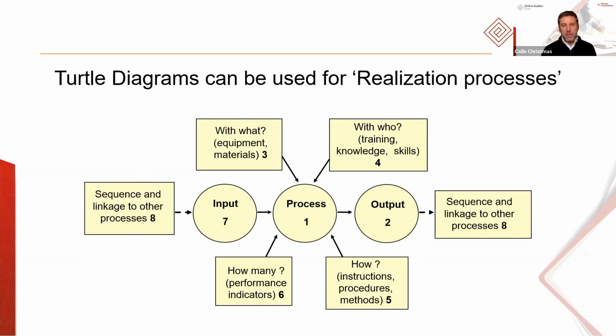And once that's mapped, here's an example of a turtle diagram. As I mentioned before, we're looking at the inputs and outputs, but the process will cover the how, which is multiple procedures, multiple instructions, checklists, and templates, because the process will go through multiple procedures. It'll cross different functions within the organization.